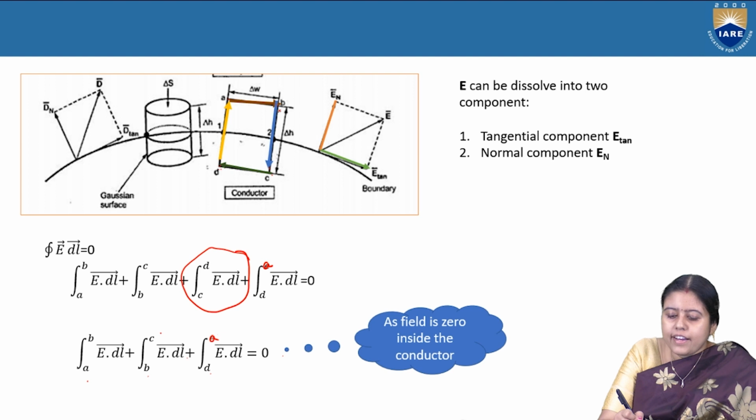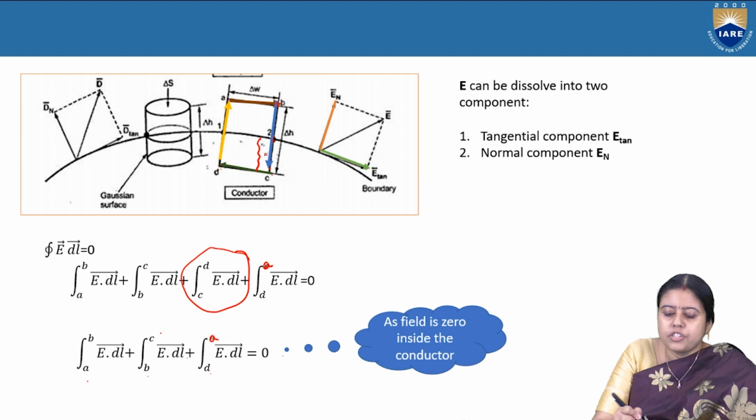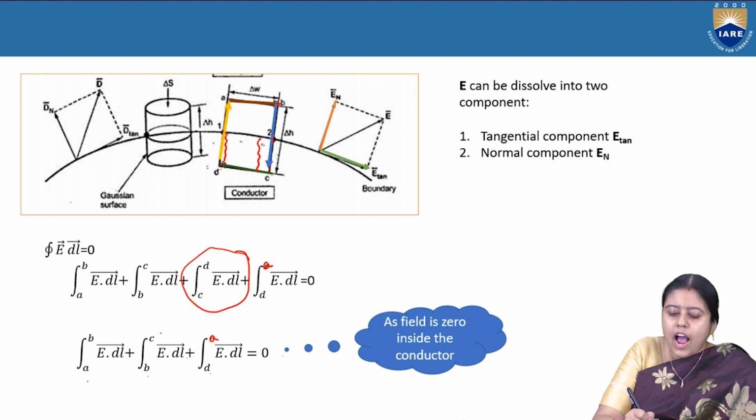So again in this case, what can we write? This BC line, half portion is outside the conductor, and this portion is inside the conductor. Similar case for the CD. Half portion D to 1 is inside the conductor and 1 to A is outside of the conductor.